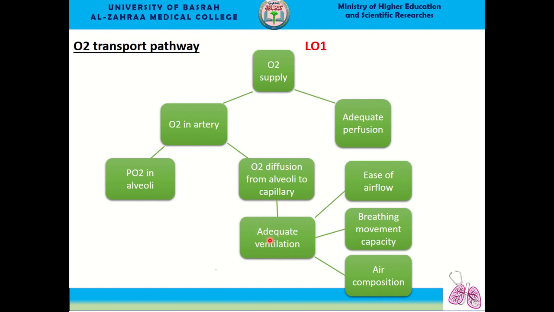So if there is good ventilation, there will be good oxygen diffusion from alveoli to the capillaries. And adequate ventilation depends on the ease of airflow through the bronchi and bronchioles, and it depends on the breathing movement capacity of the lungs, and depends on the air composition itself, how much oxygen is there in the air.